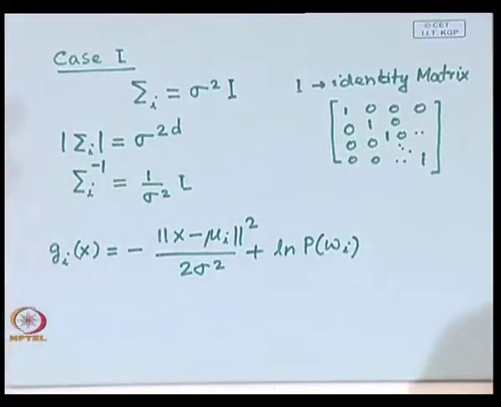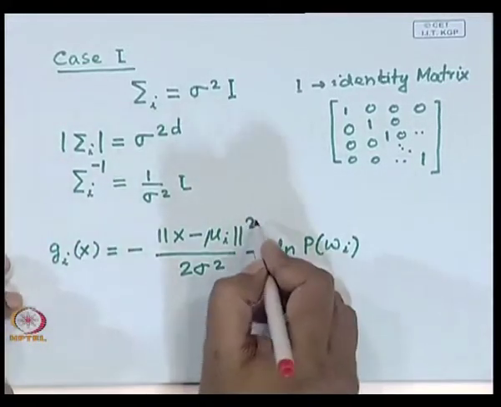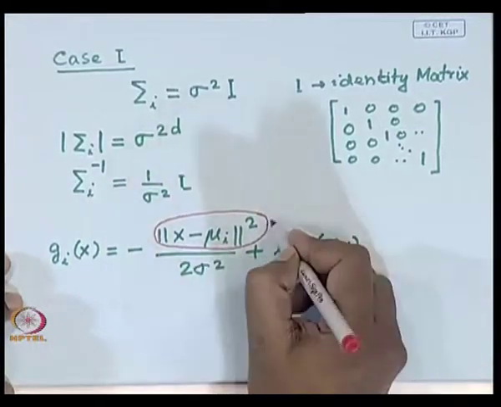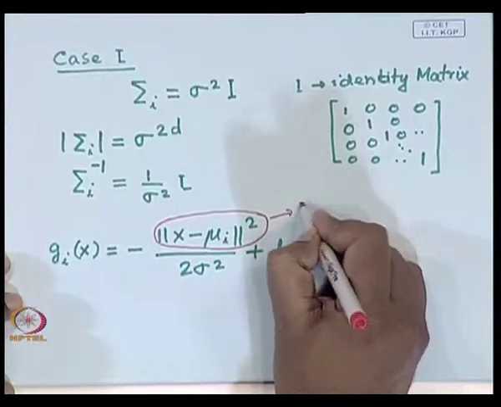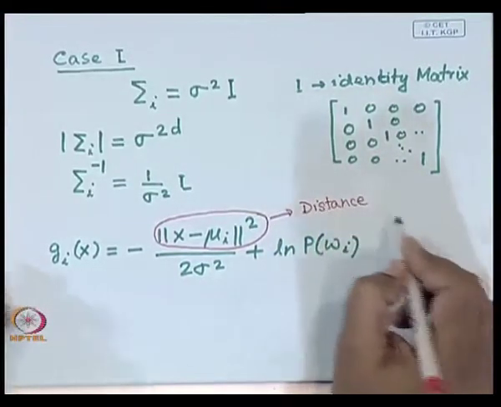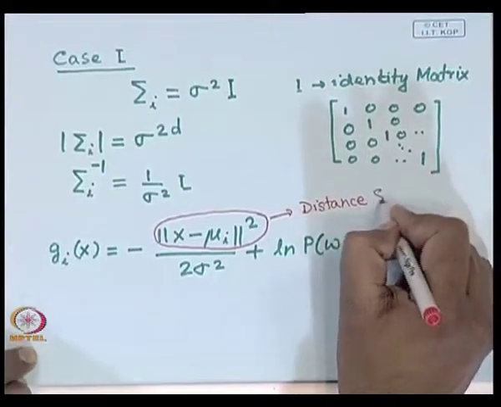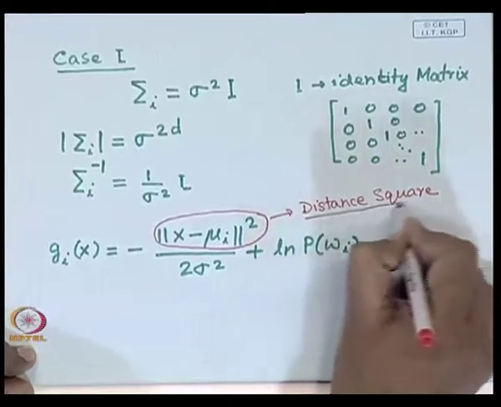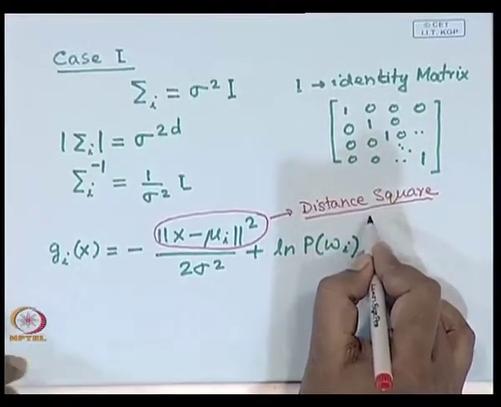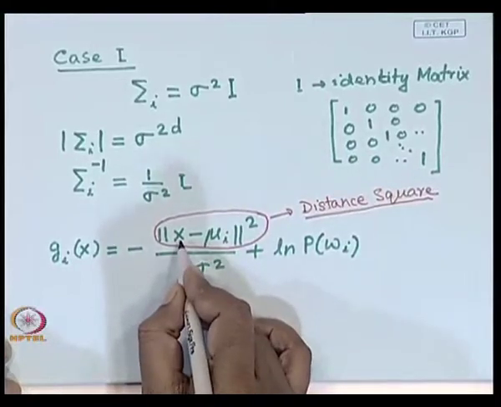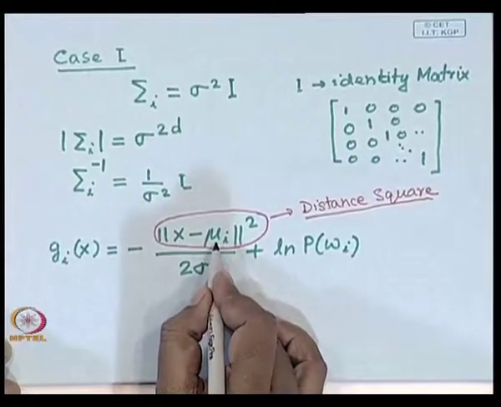So, what is this term? This is nothing but the squared distance of sample x from the mean vector mu_i.